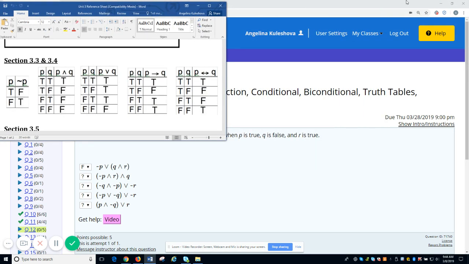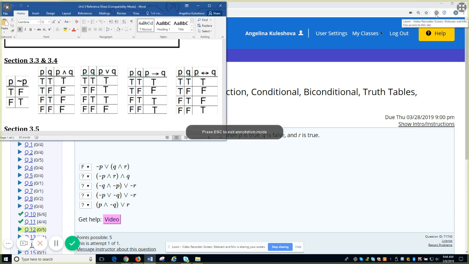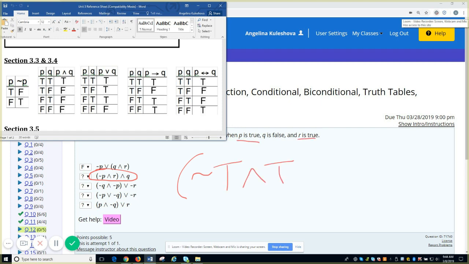Okay, let's do the next one. All right, so the next problem, again, all I'm going to do is just replace the PQR with their value. I'm going to write the negated P, which is true, and R, which is true, and Q, which is false. All right, inside the parentheses, I'm always going to negate the individual values.